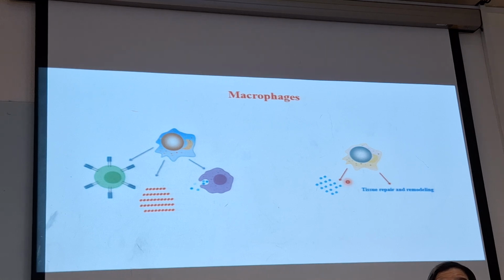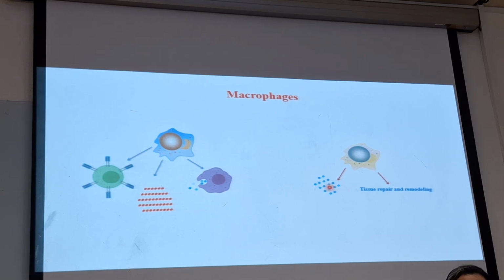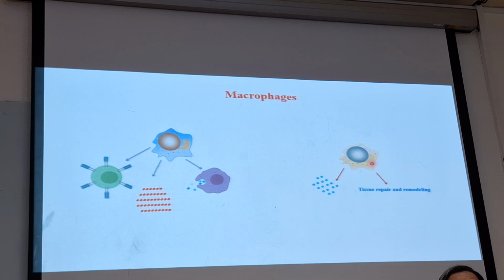They are immunosuppressive cytokines, and they inhibit recruitment of immune cells to the site of inflammation because they don't need the recruitment of immune cells. The pathogens have been eliminated, okay? The war is finished, okay? They don't need that. So another role of these macrophages is producing some cytokines and proteins for tissue repair.